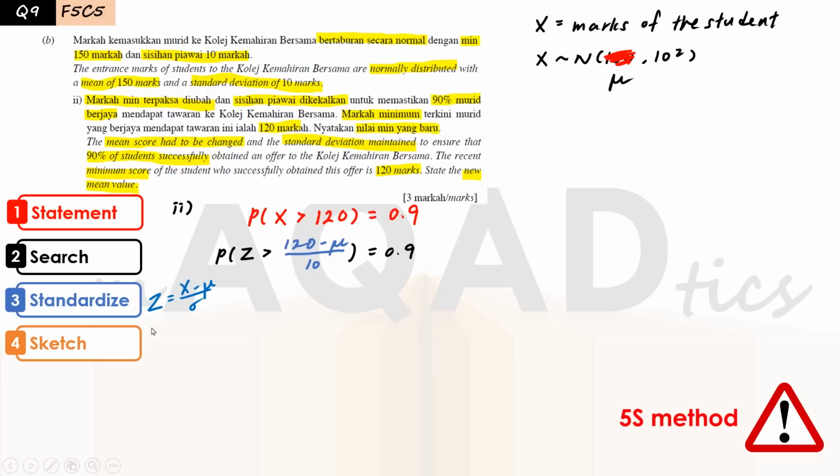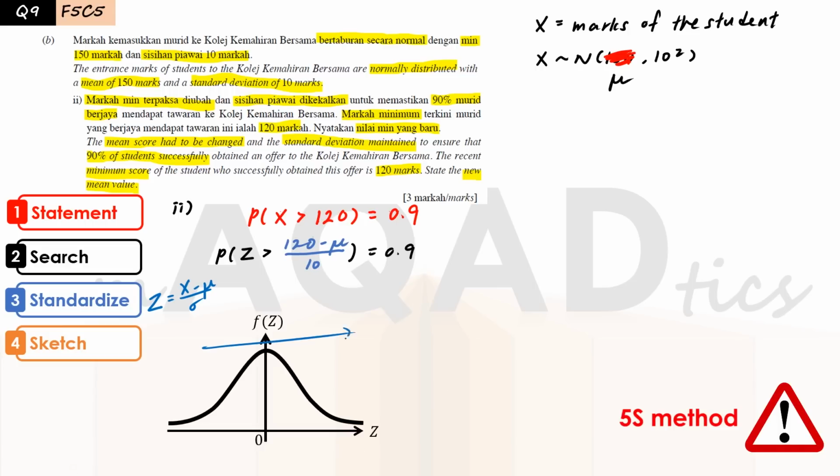The fourth S is to sketch. From this probability statement, we are going to sketch out our area using this standard normal distribution graph. This area that I'm going to sketch is very similar to part 1. Because we have the greater than sign, we are sketching it to the right side, and the value here is more than 0.5, which means we are going to sketch more than half of the graph.